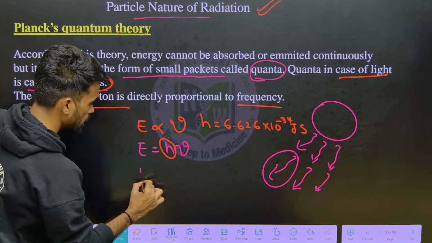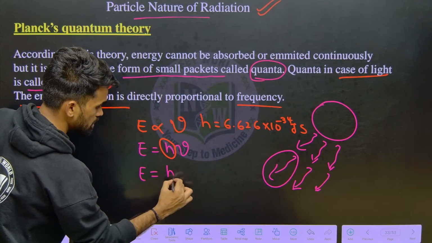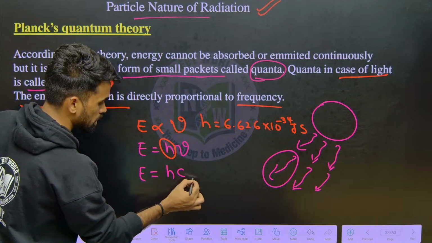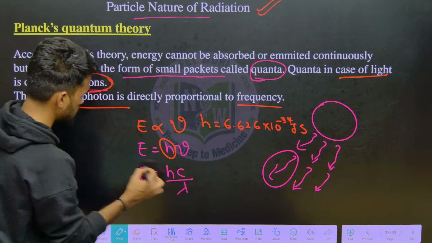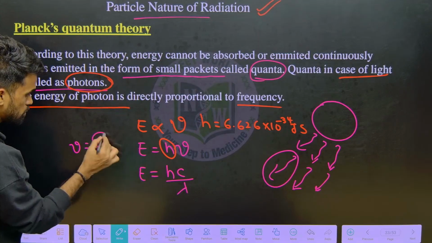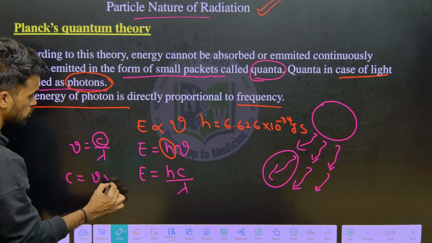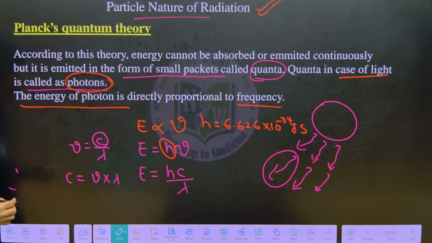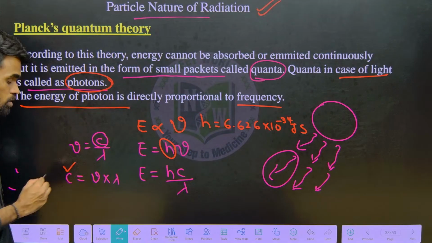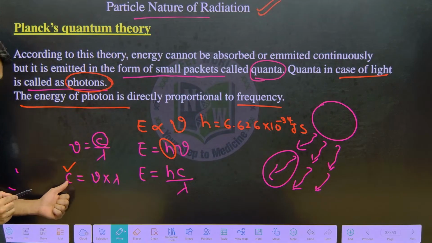Now from here again I can write E equals h, and I want to write it in terms of wavelength, that means c by lambda. We already discussed that nu equals c by lambda. If I want the speed, I can say nu into lambda. When you multiply frequency with wavelength, you will get speed, c in the case of light.